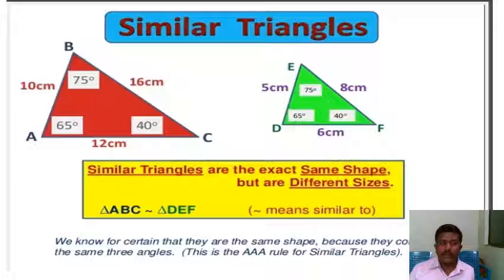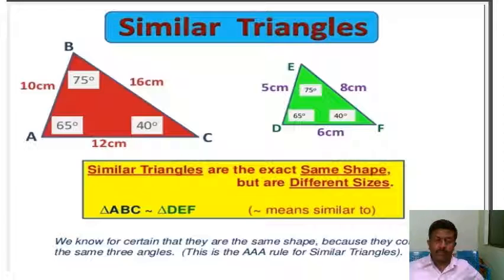DE is 5 centimeter and AB is 10 centimeter, hence double size. Here EF is 8 and BC is 16 centimeter. So this is also double. FD is 6 centimeter and AC is equal to 12 centimeter. Here also the side is double.